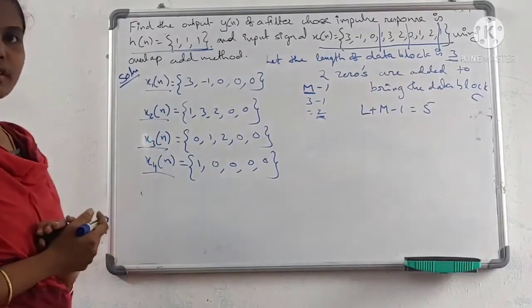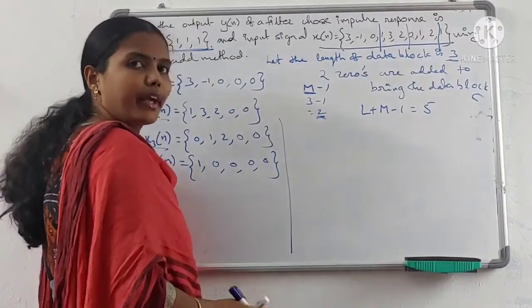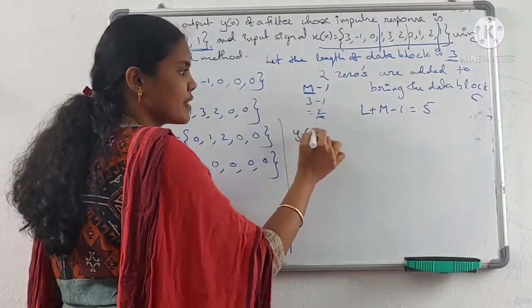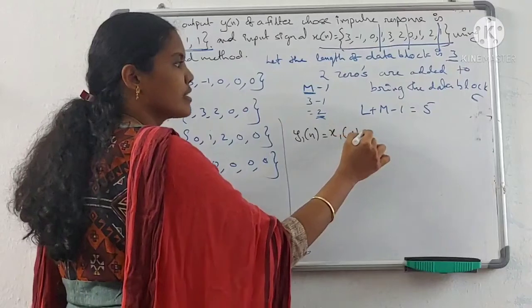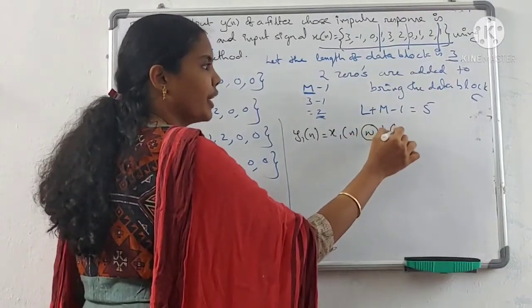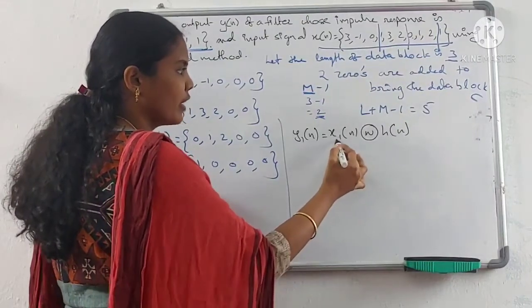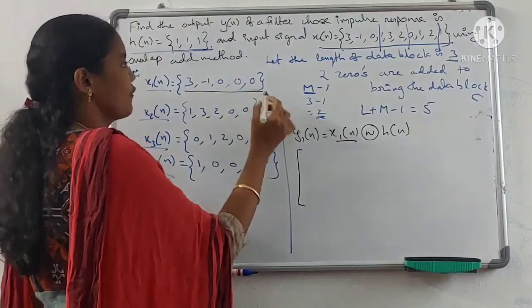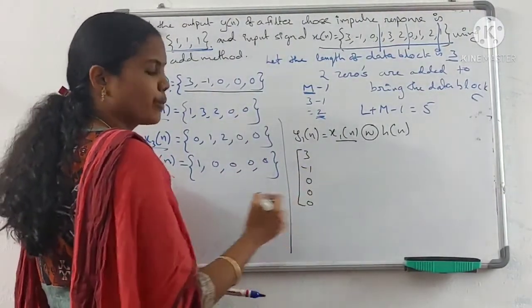After this we have to find y1 of n. y1 of n is equal to x1 of n circular convolution with h of n. So what is x1 of n? x1 of n is 3, minus 1, 0, 0, 0.